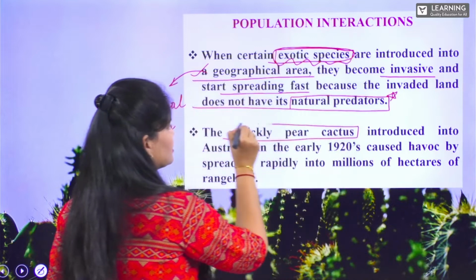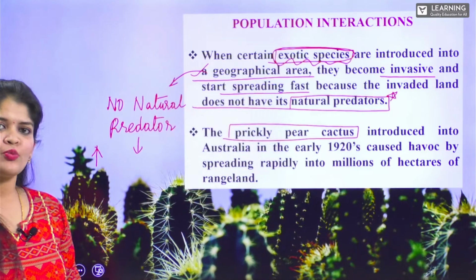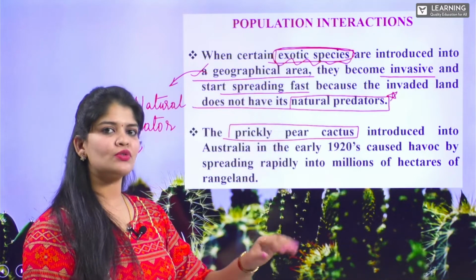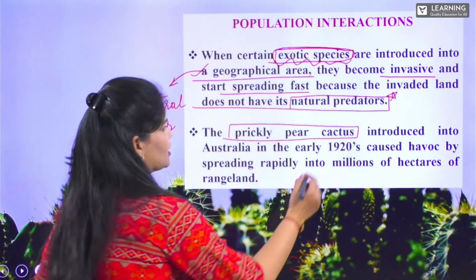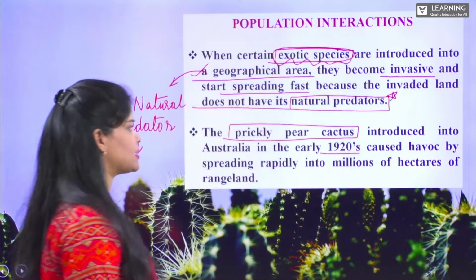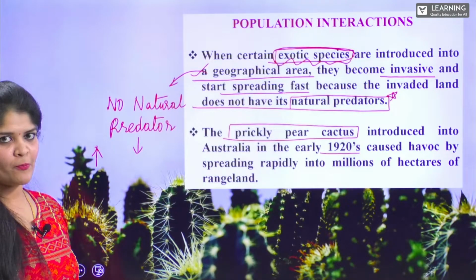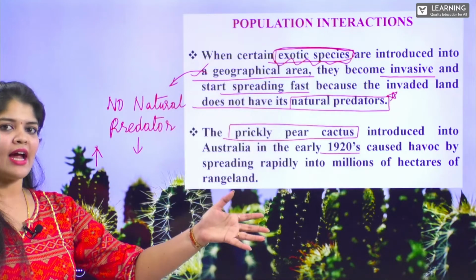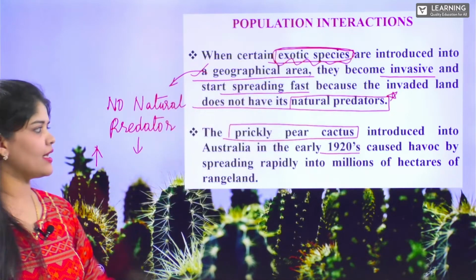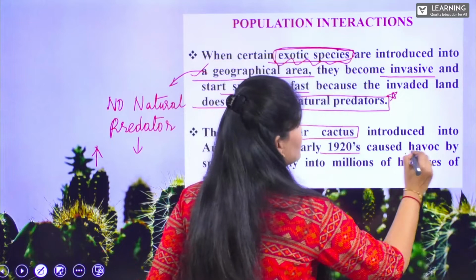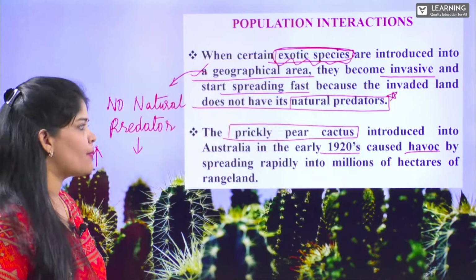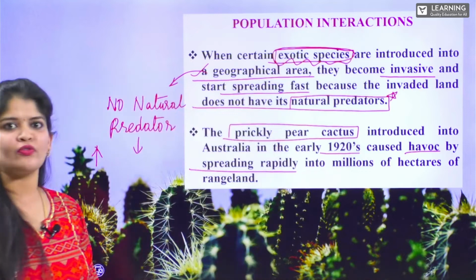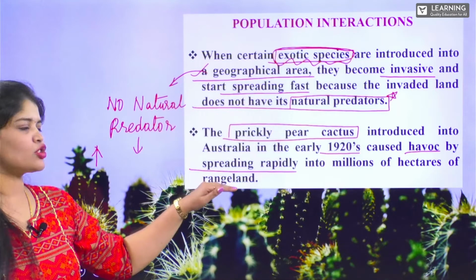prickly pear cactus. Prickly pear cactus is a plant which was newly introduced during the early 1920s into Australia. As it is newly added to this geographical area, it causes havoc. Havoc means damage by spreading rapidly into millions of hectares of rangelands, that means natural grasslands.